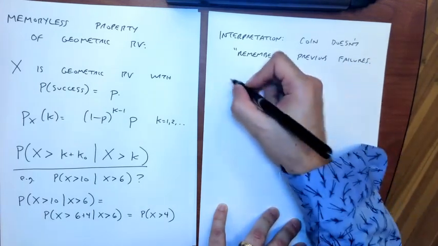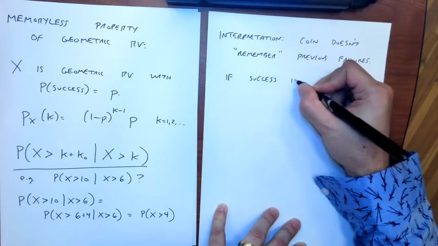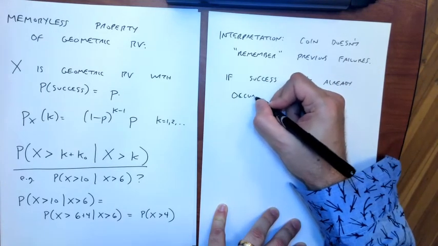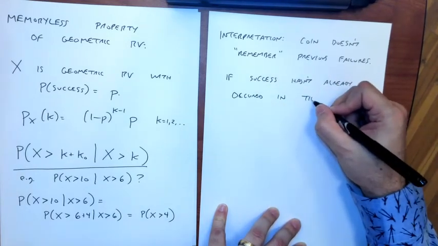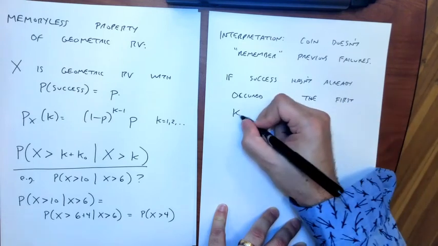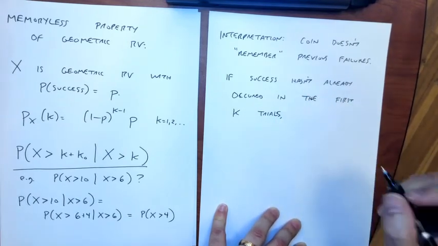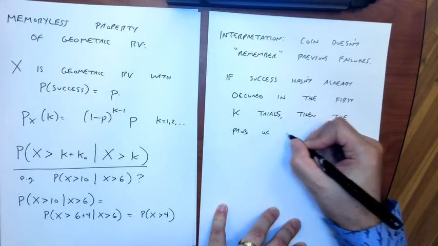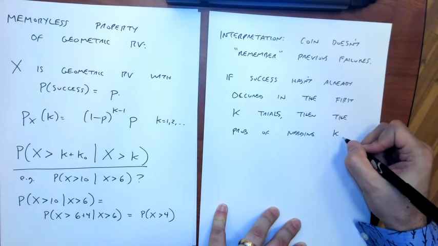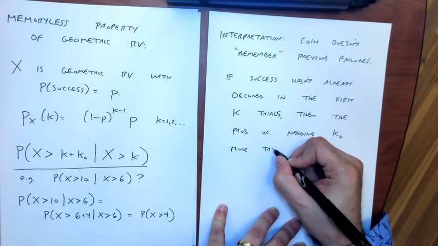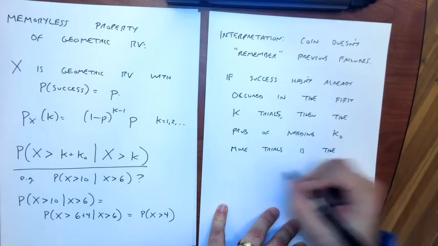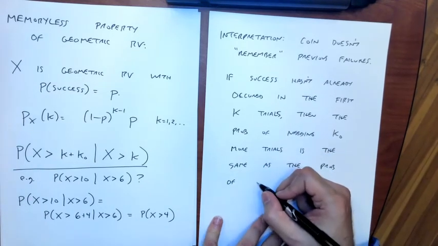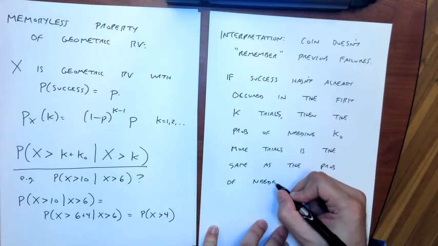That is, if the success hasn't already occurred in some number of trials, in the first k trials, then the probability of needing k0 more trials to get the success is the same as the probability of needing k0 trials in the first place.